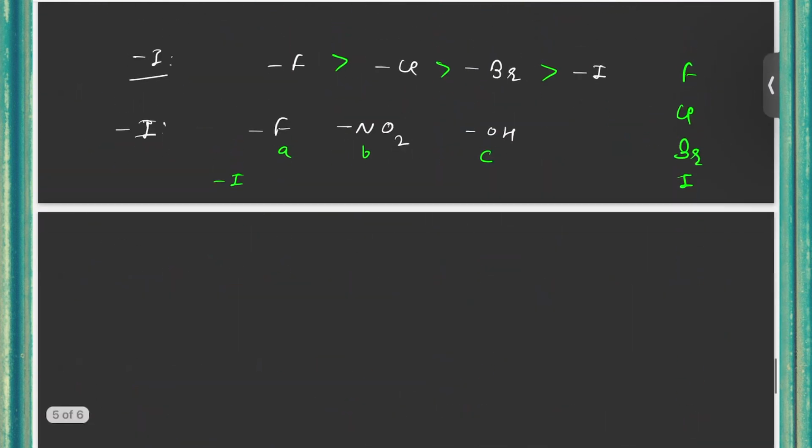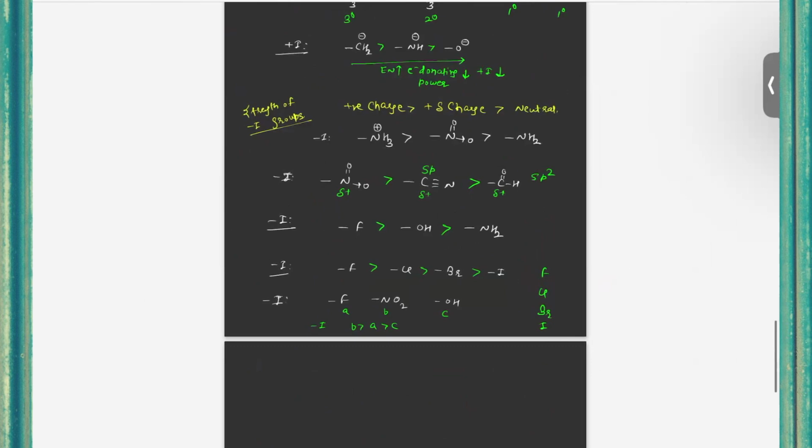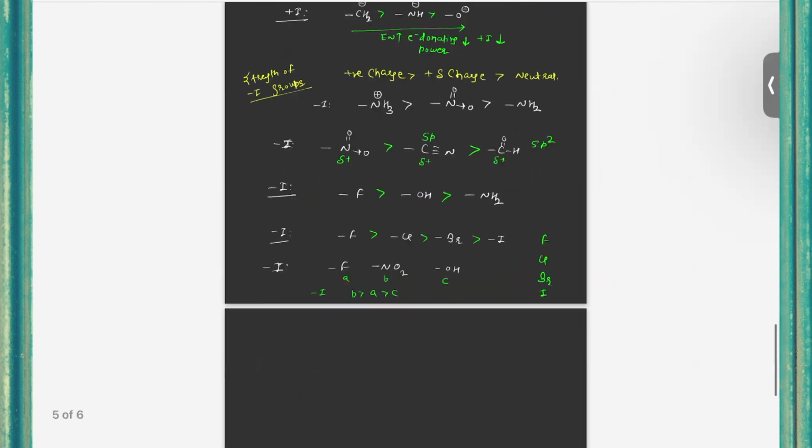Partial positive charge comes when polar pi bonds are there. So in NO2, there is a polar pi bond, so it is partial positive. And these are neutral ones. So neutral ones will be less withdrawing. So B, then A and C are neutral. So A and then C.